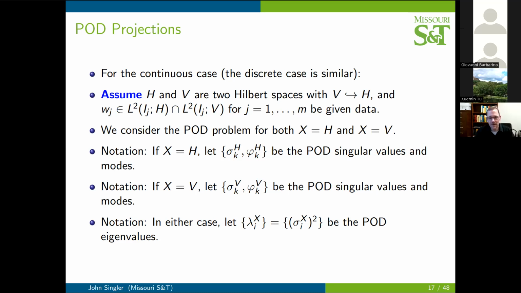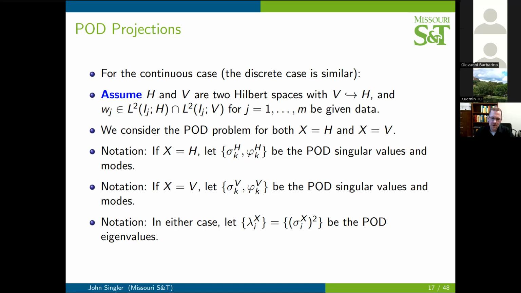If we put a superscript H on there, that means we used the H inner product, or if you like, the L2 inner product for all the singular value decomposition computation. And I'll use lambda to denote the square of the singular values. Those are the POD eigenvalues, again with the superscript denoting which space is used.